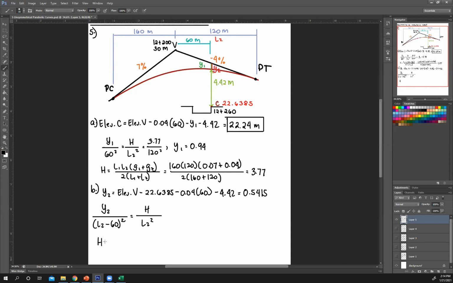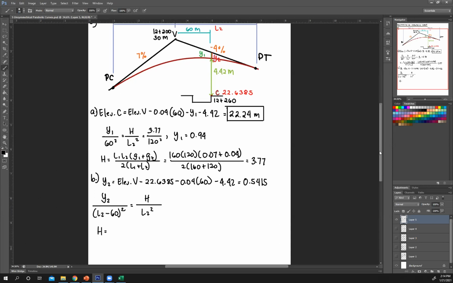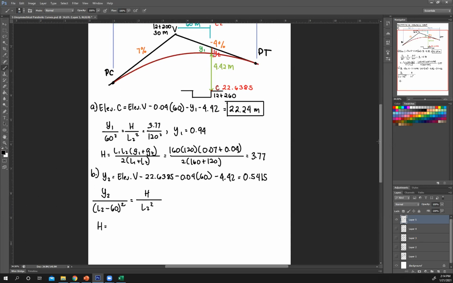So now use H equals, actually, let's write it here. H is equal to L1, L2, G1 minus G2. This minus, by the way, minus twice L1 plus L2, okay, over L2 squared.